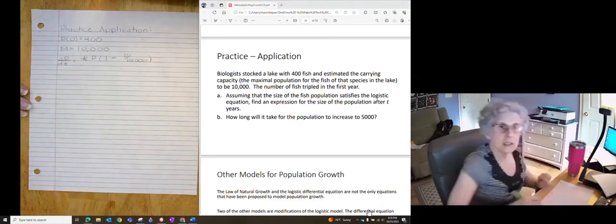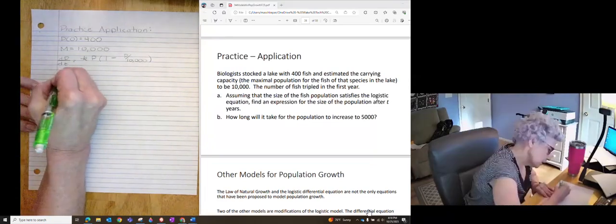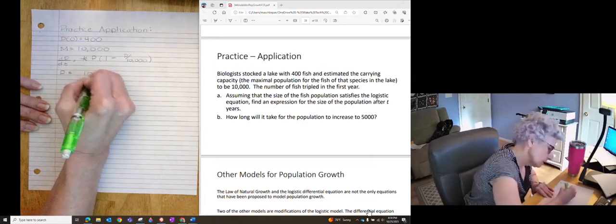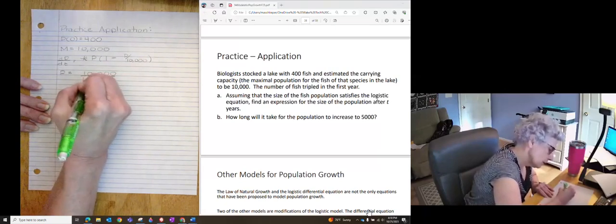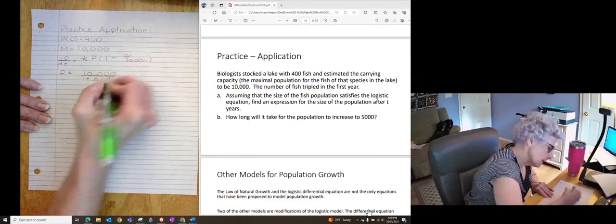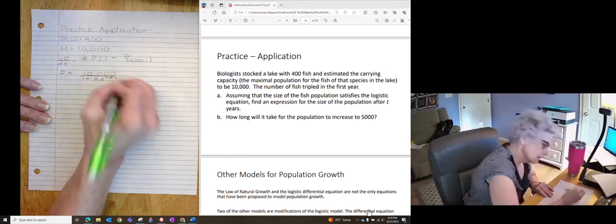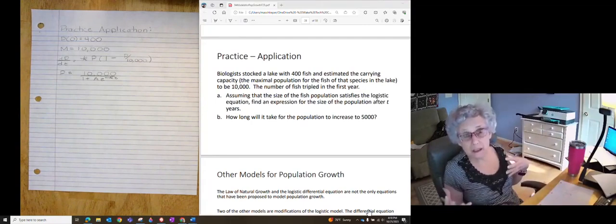So there's my logistic differential equation. So P is equal to 10,000 over 1 plus A e to the negative kt power. I need k and I need A.